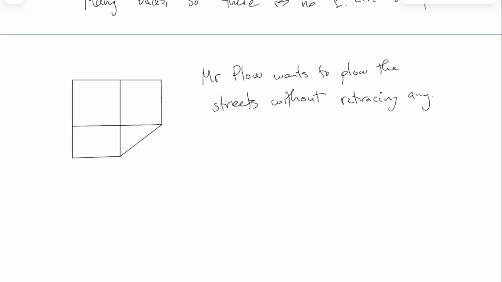Mr. Plow wants to plow the streets without retracing any. And let's say he wants to start and end at the same vertex. Is it possible?